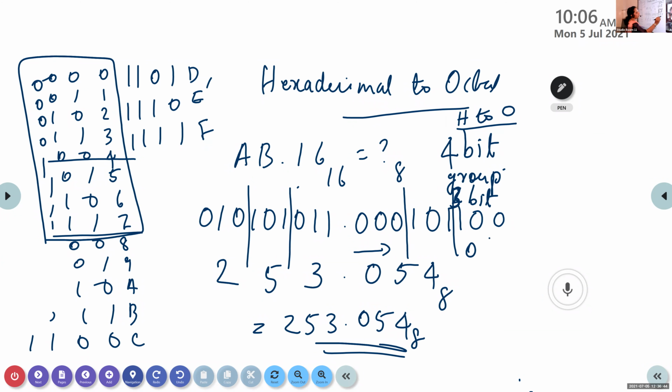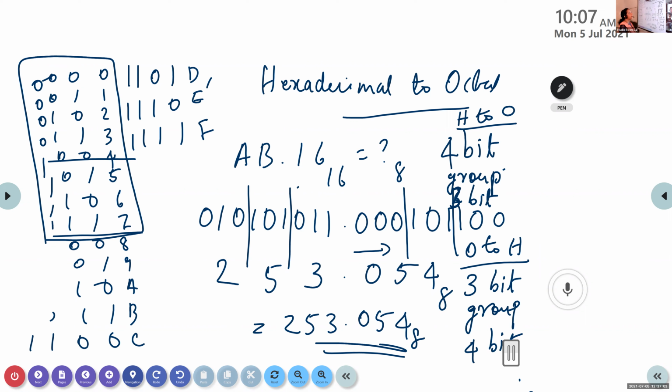For octal to hexadecimal, first we use the 3-bit table, then group the values, then after that use the 4-bit table. Is it clear? Is it clear, Naveen?